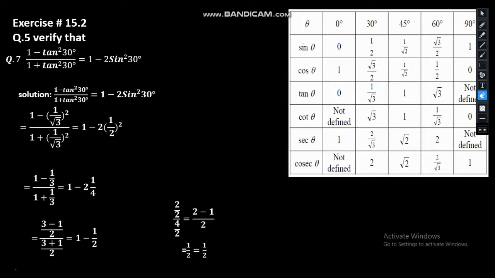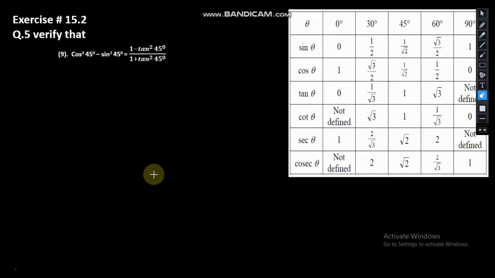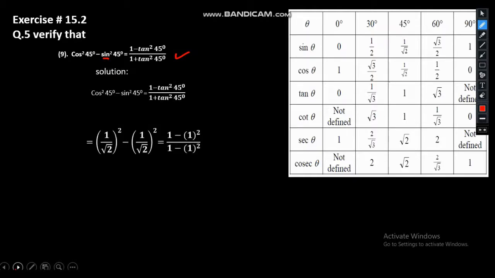Now next step, question number 5. Cos square 45 minus sin square 45 degree over 1 minus tan square 45 degree, 1 plus tan square 45 degree. Let's go to the solution.